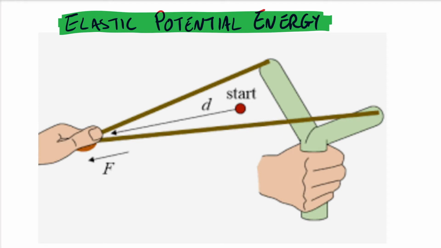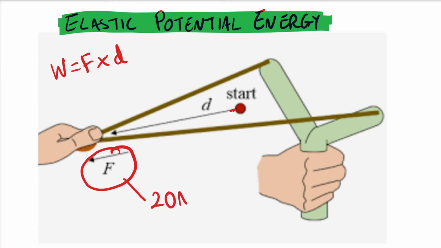Thinking back to the last lesson, when we used this equation, W equals F times D, we could work out the amount of energy in here, force times distance. This is the force needed to pull back that elastic. Let's say it's 20 newtons.